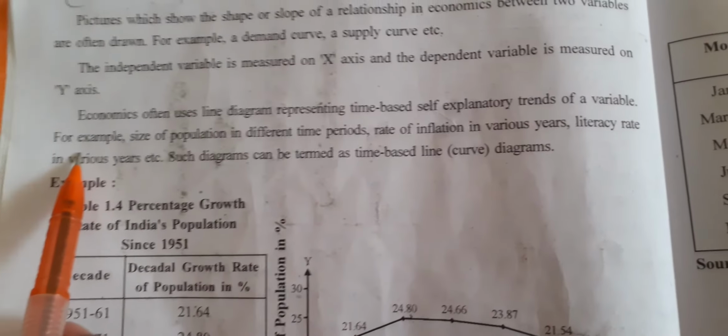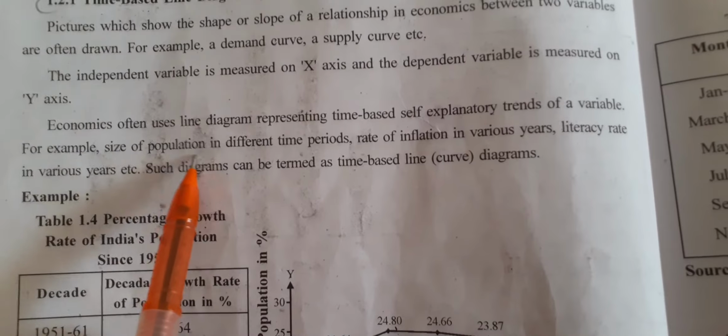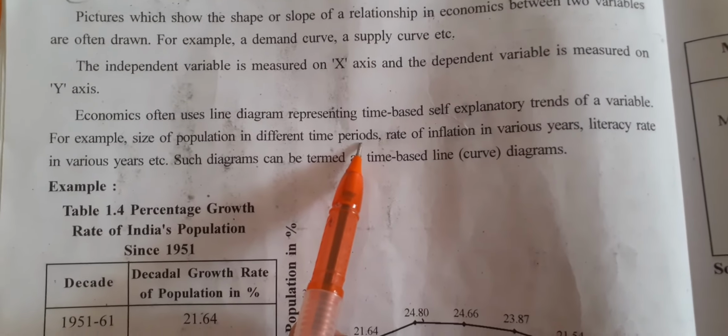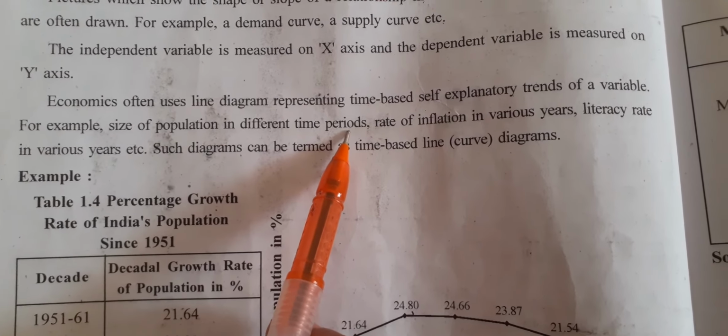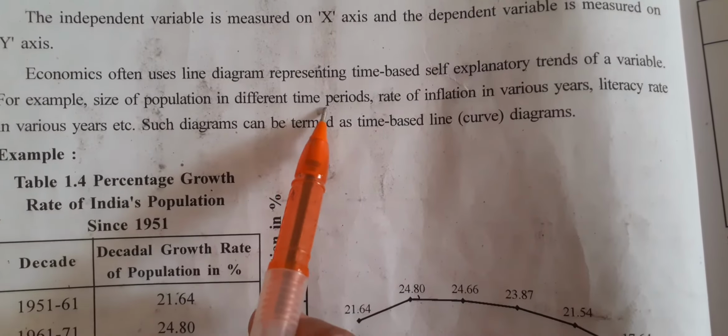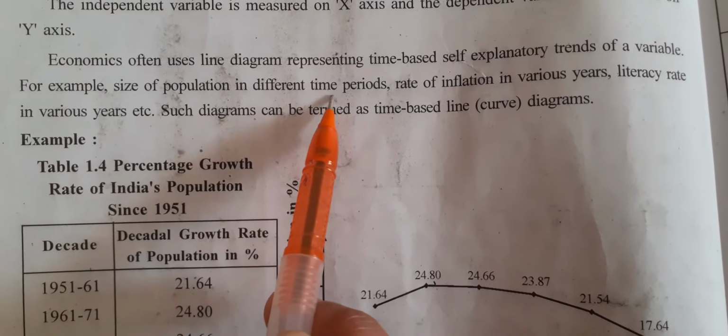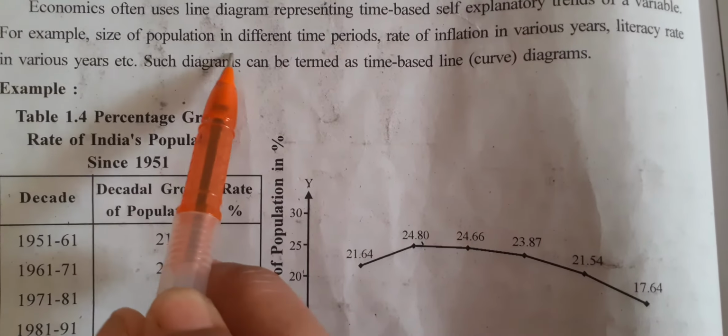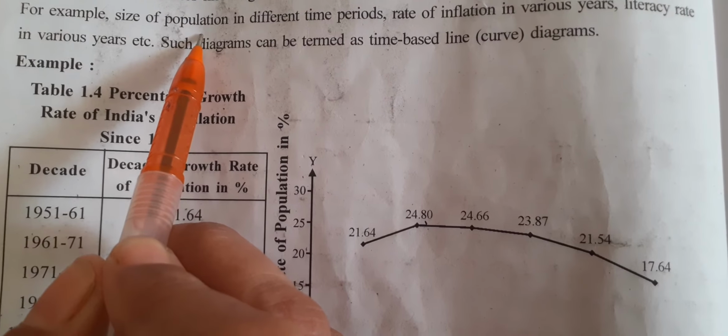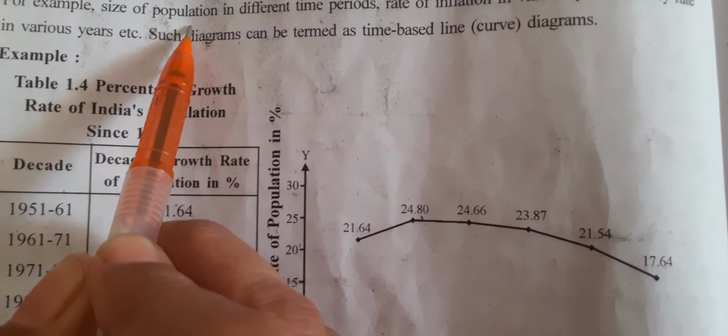For example, if you want to show the size of the population in different time periods, or national income in different time periods. You can take your own example, students. There is no need to write only this example. You can write your own examples also.